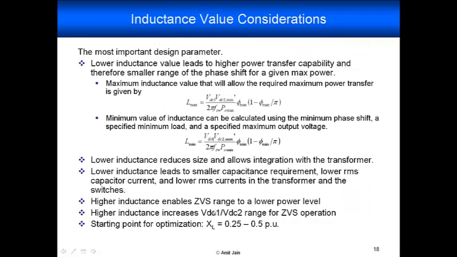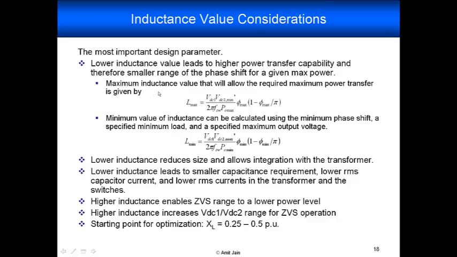Okay, we said that the inductance value is the most important design parameter. Here are some general considerations for determining the inductance value. Lower inductance value will lead to a higher power transfer capability and also a smaller phase shift range that you have to work with in the converter.